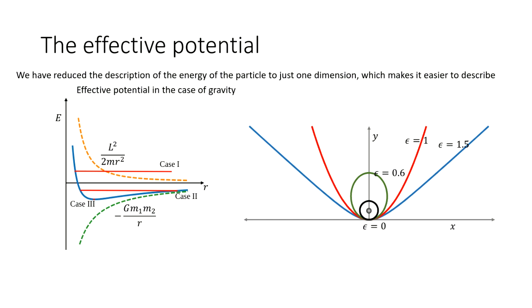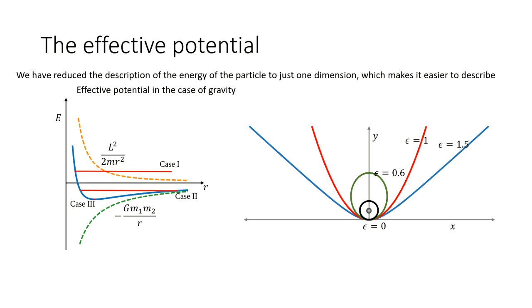So if we look at some different cases, as I said, if the energy is positive, we're in case 1. And that's like what we have here on the right, where we have case 1. And that would be, say, if this were a gravitational object, so this thing in the middle is, say, the sun. What this would be like is if we had an asteroid or a comet coming in from interstellar space, and it comes in with way too much energy, comes close to the sun, and then just keeps going out to infinity.